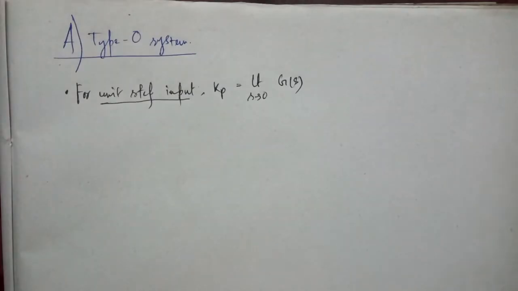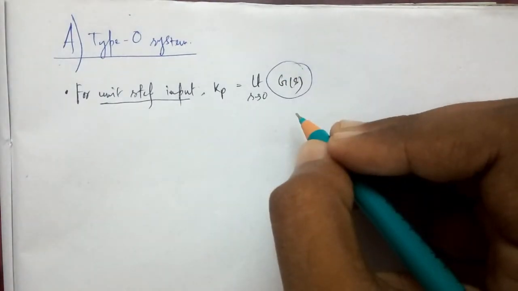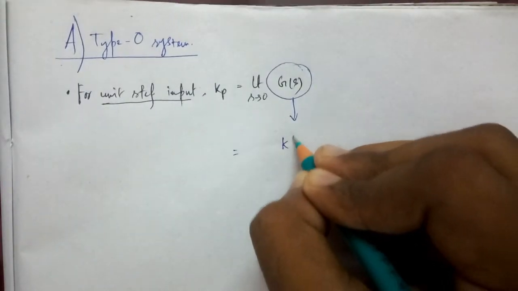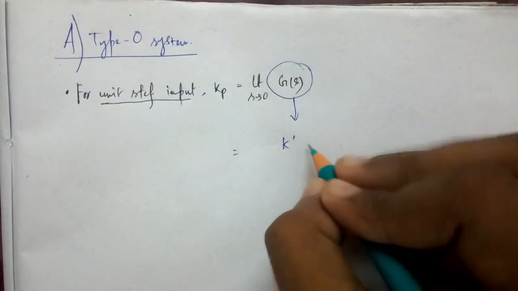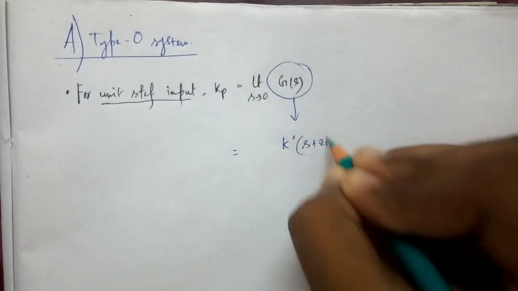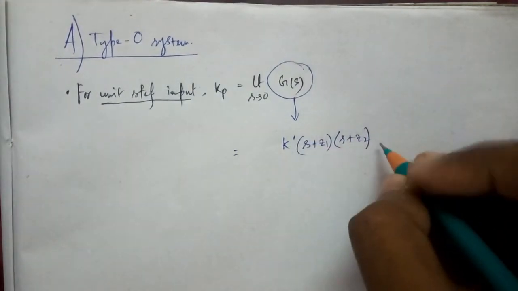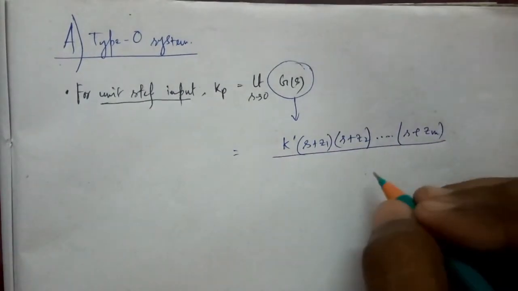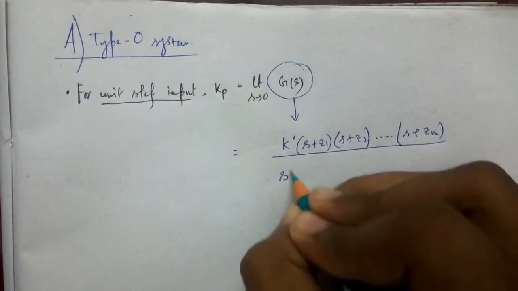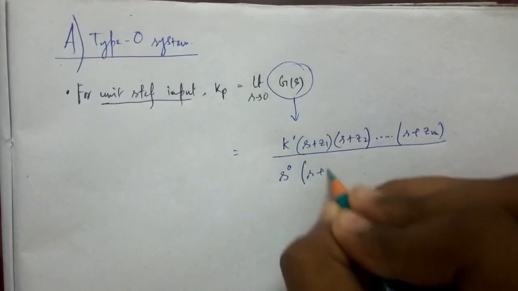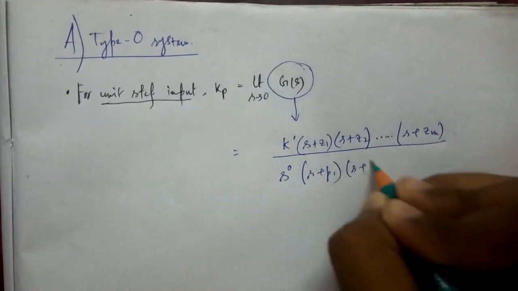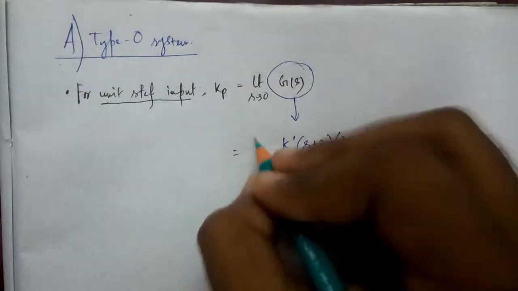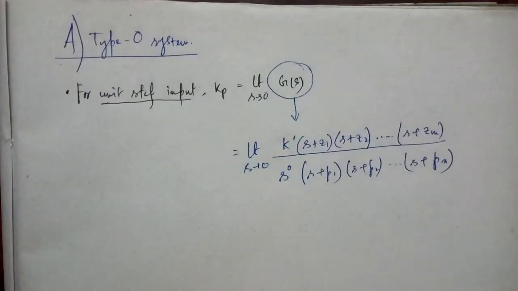Now for a type 0 system, this G(s) value will be K into (s plus z1)(s plus z2) up to (s plus zn), divided by s to the power 0, (s plus p1)(s plus p2) up to (s plus pn), and it will be limit s tends to 0.